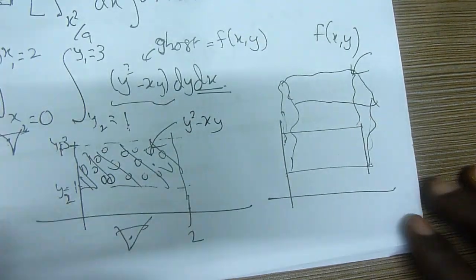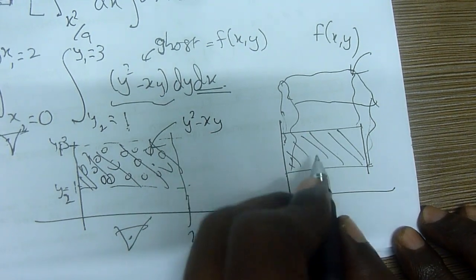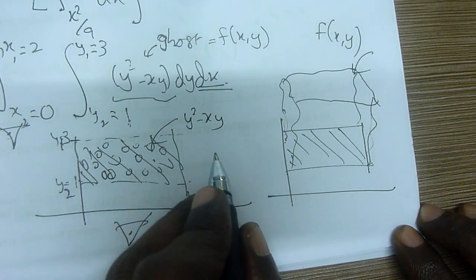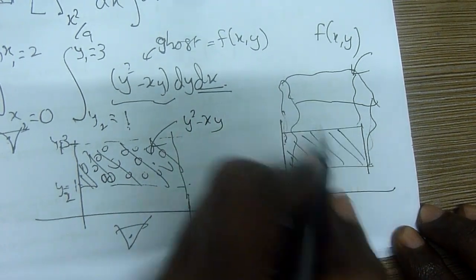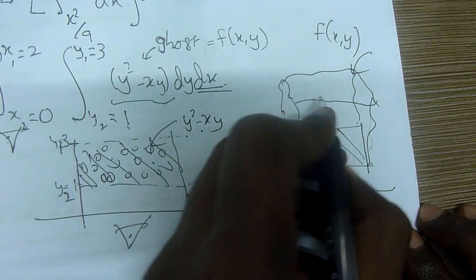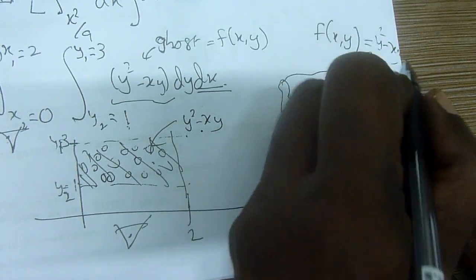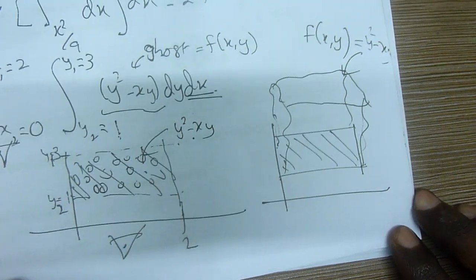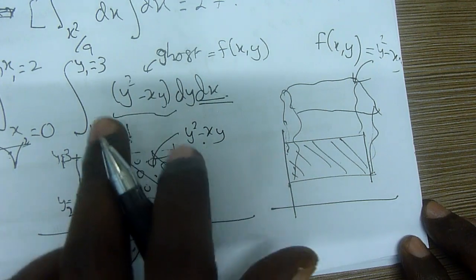The ghost is using the surface and acting on this. How far it can act is controlled by this one, y2 xy. That's something very interesting, right? The ghost is acting on this. Therefore, this is the idea.